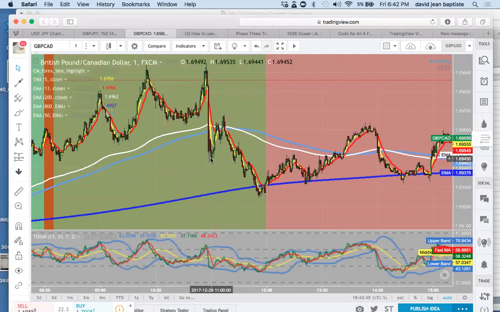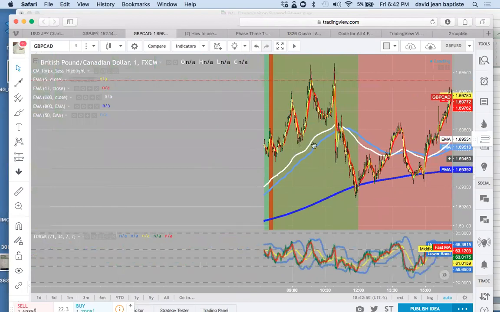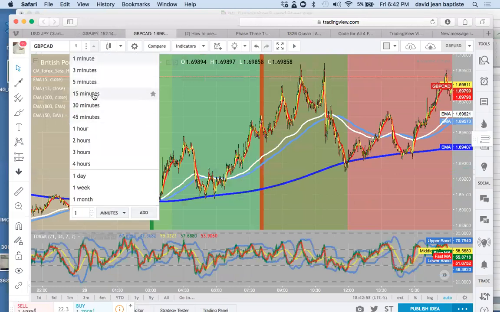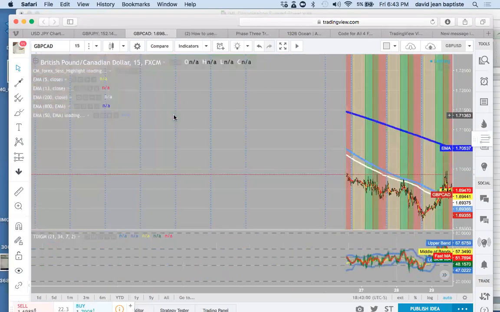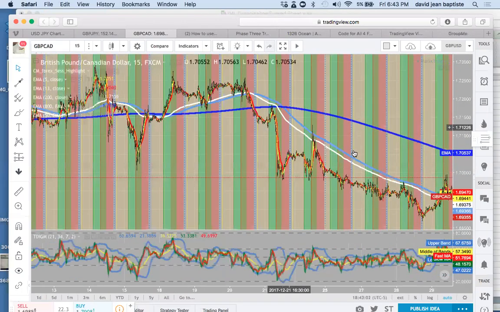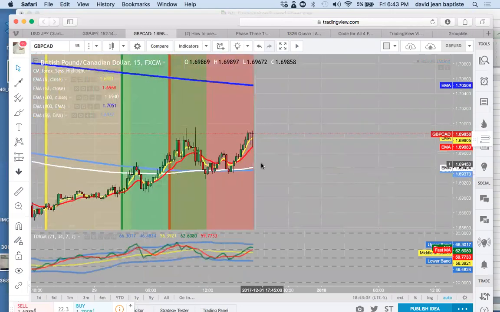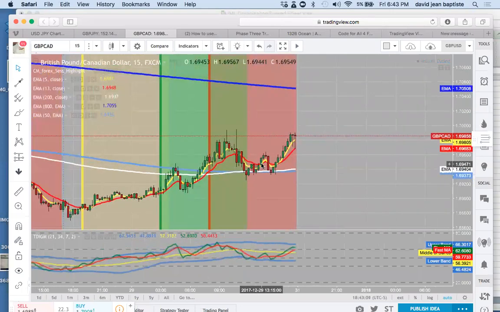All right. So I was looking at this pair, and it actually happened right in front of me. It was too late for me to actually enter, but I was looking at it on the 15 and also on the hourly.